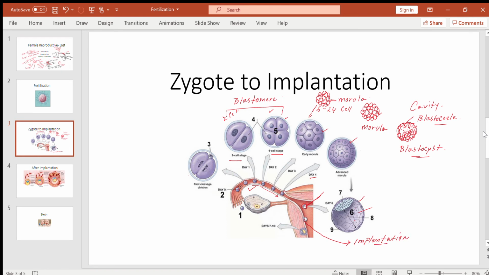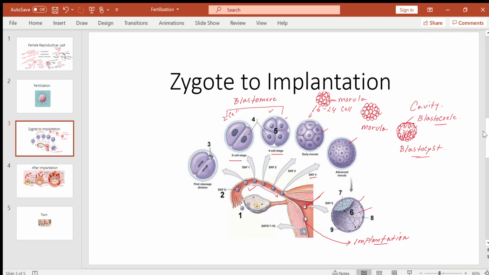Implantation. Okay, it is like sometimes you see a soft thick clay. If you throw a tennis ball from far, it will just get stuck to that clay, right? So similar thing happens here.